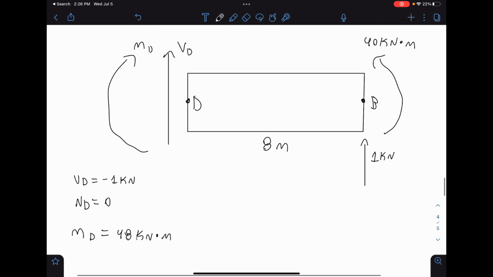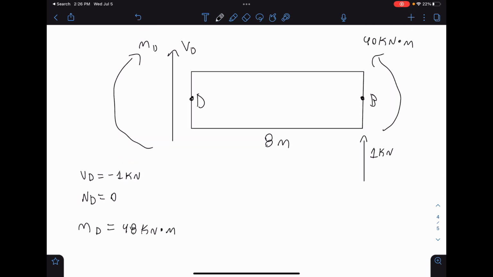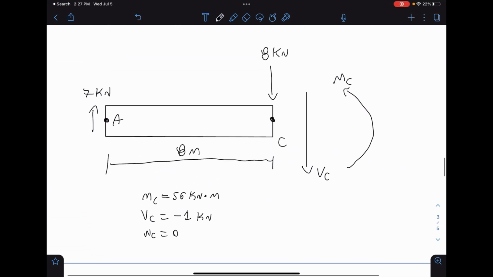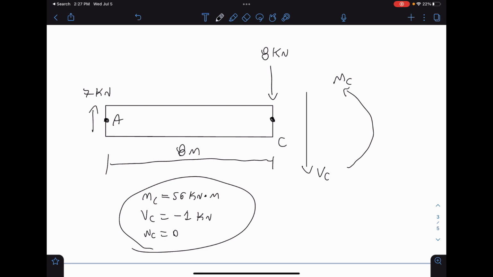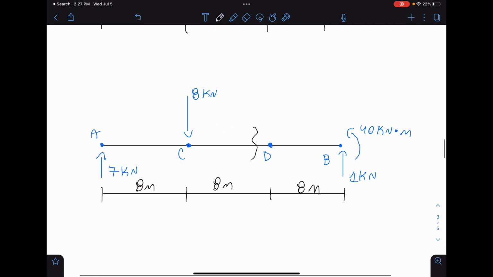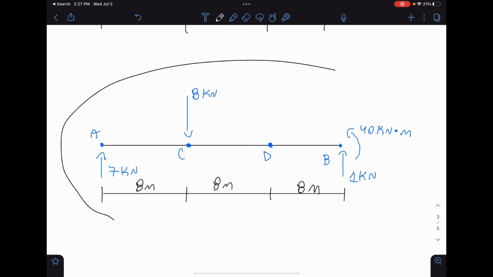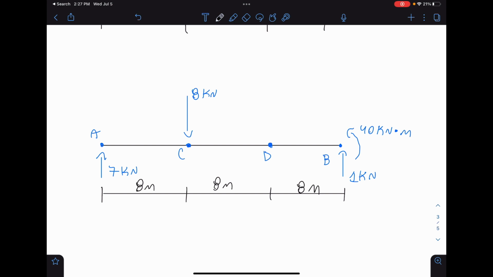And we've done it. We've figured out our internal forces at the cut we made at D right here. Let's scroll back up. We figured out our internal forces at the cut we made at C right here. And we figured out our unknown forces on our original beam here using the equations of equilibrium.